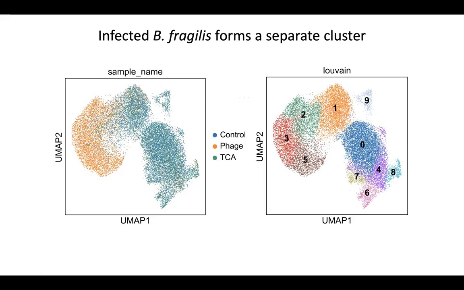All right, so time to see some colorful plots. When we clustered both the infected and non-infected Bacteroides, we can immediately see there are some subpopulations, but also the phage infected sample forms this very distinct, orange colored cluster to the left.